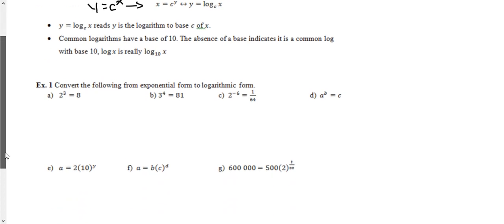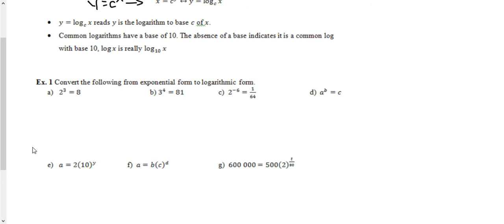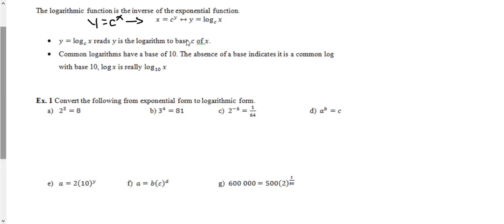So in number 1 here, it says convert the following from exponential to logarithmic form. So I'm just going to follow my equation here. If I want to change it over, my y value is going to be switched around with my x value, so I should do my inverse first.